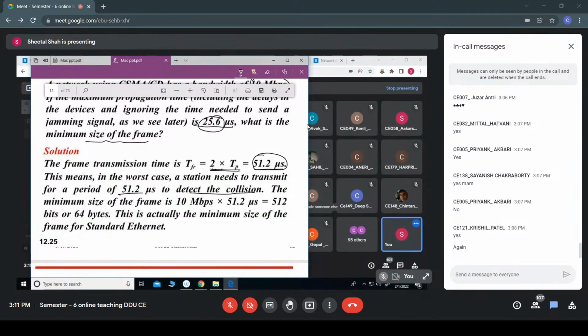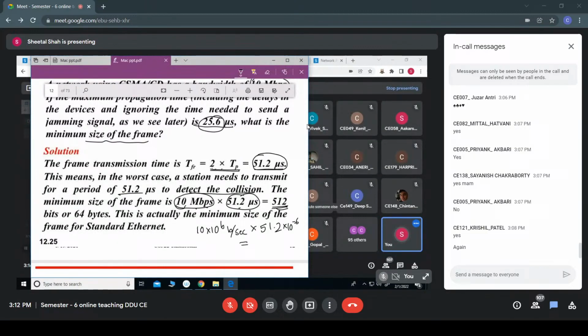Since we have a channel of 10 megabits per second and the time is 51.2 microseconds, if I multiply these, it comes to 10 into 10 raised to 6 bits per second, multiplied by 51.2 into 10 raised to minus 6.